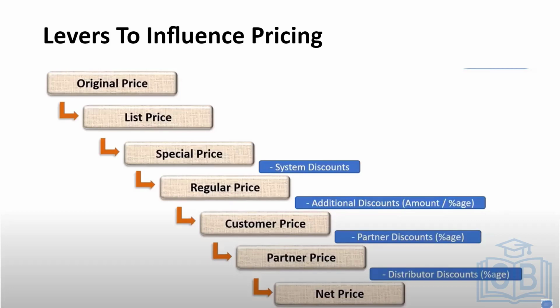Plus, if they have any kind of additional multiplications, like different discount fields they have as custom fields, you won't be able to add them here. Additional discount is the standard field which Salesforce takes care of.